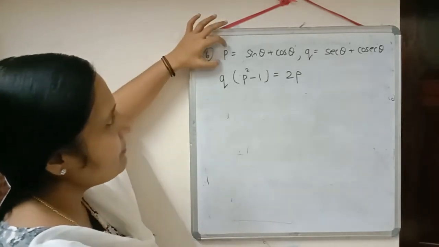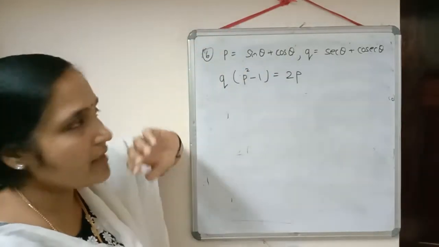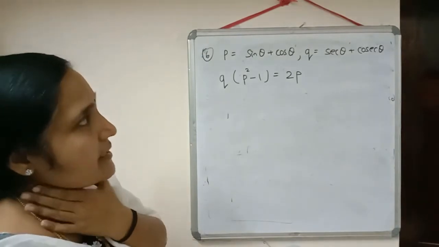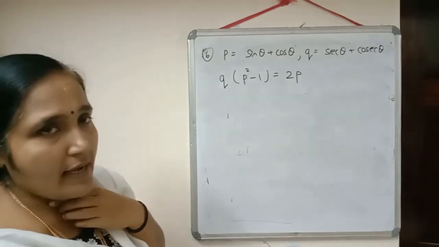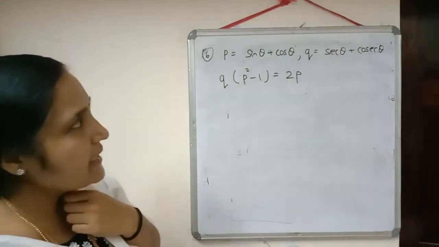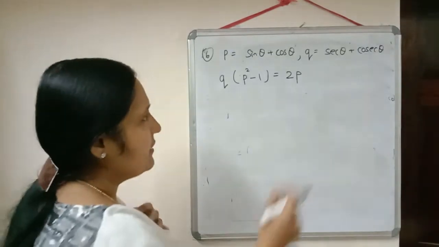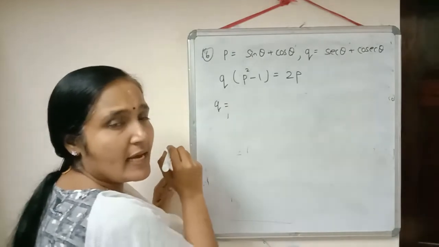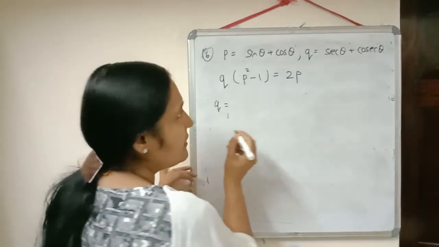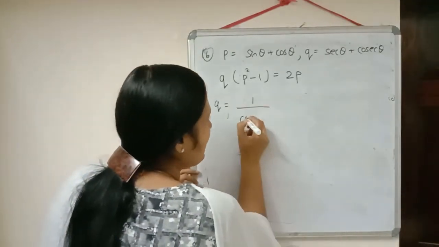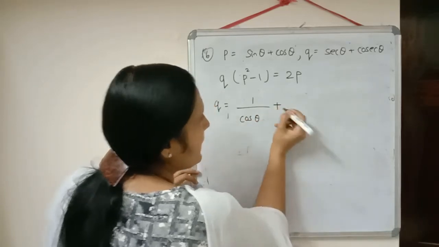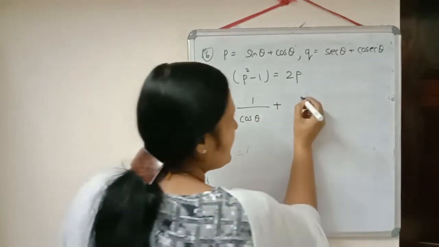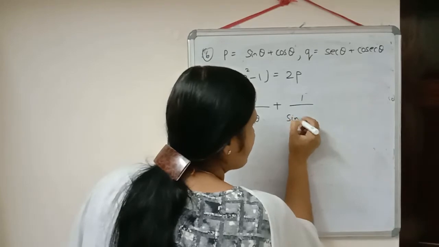So you can check your P is written in terms of sin and cos, and Q is written in terms of sec theta and cosec theta. So shall we change that Q also? Okay. So all of you write down there Q. How we can rewrite sec theta in terms of cos theta? Yes, sec theta can be written as 1 by cos theta, plus cosec theta can be written as 1 by sin theta.